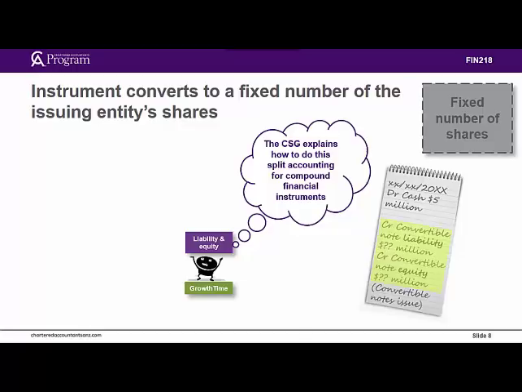I won't go into those calculations here, but the CSG explains how you do this split accounting for compound financial instruments. So that's how you look at a conversion element into a variable or a fixed number of shares.